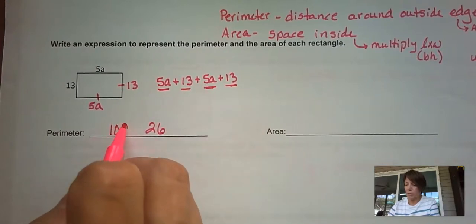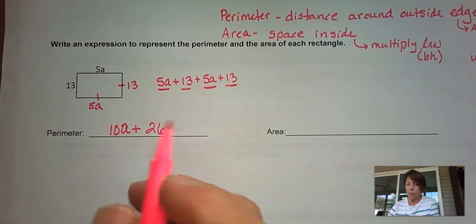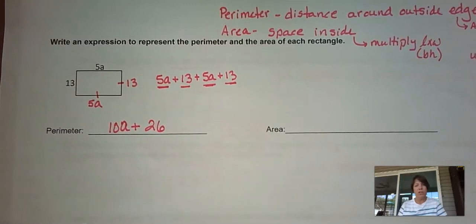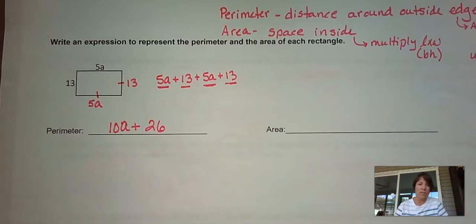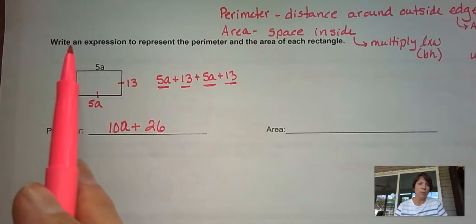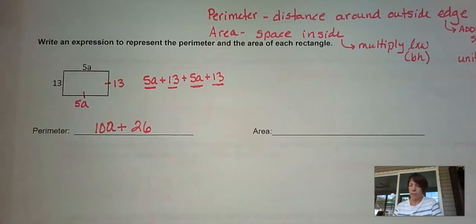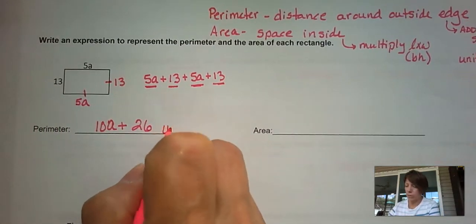Now, similar to having proper ways to write language, there are proper ways to write math, and typically, not that I would count this wrong if you didn't do it in this order, but typically we put the numbers without any variables in the last place of an addition problem. So we would want to write 10a plus 26 as an algebraic expression to figure out the perimeter of this shape. And we could label that units.